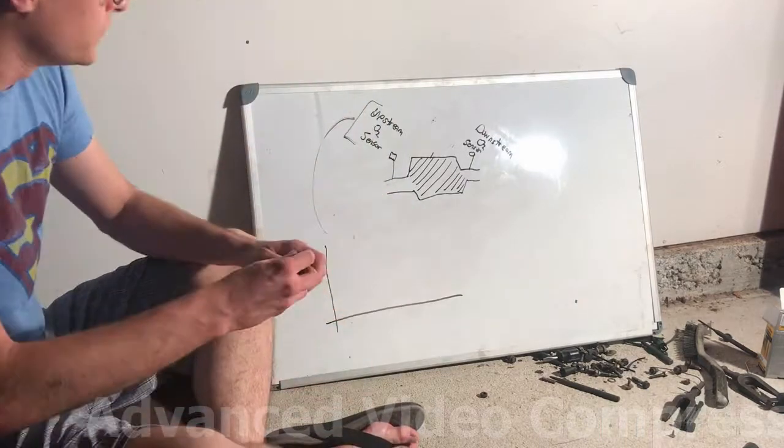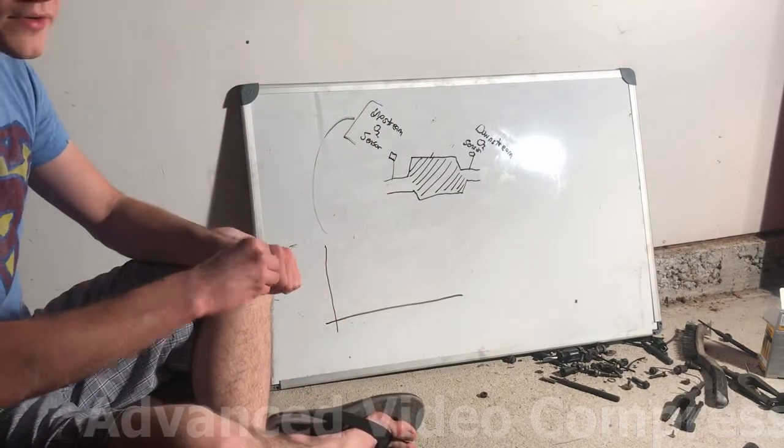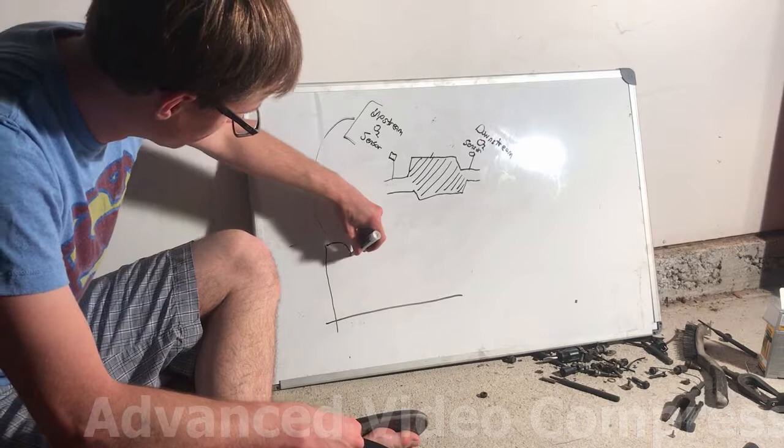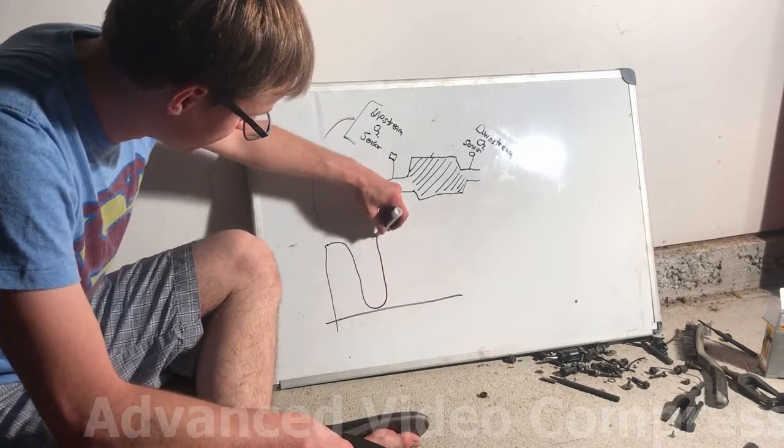So the upstream O2 sensor actually spits out something called a sine wave, and if you remember your trigonometry days, you'll recognize this.